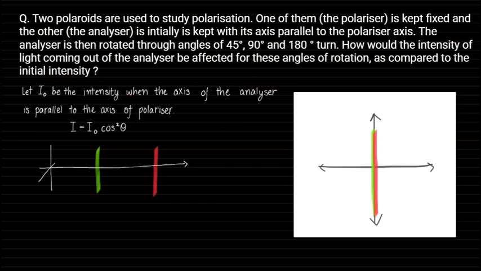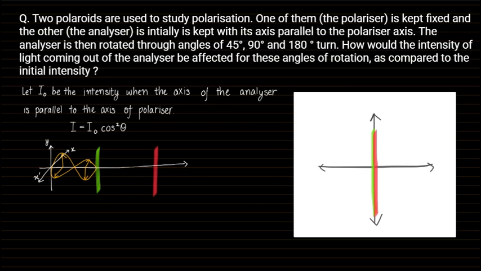Let I naught be the intensity when the axis of the analyzer is parallel to the axis of the polarizer. This green axis is the axis of the polarizer, this red one is the axis of the analyzer. Now consider your unpolarized light. The vibration is along y and the vibration is along x. The wave is moving along z.